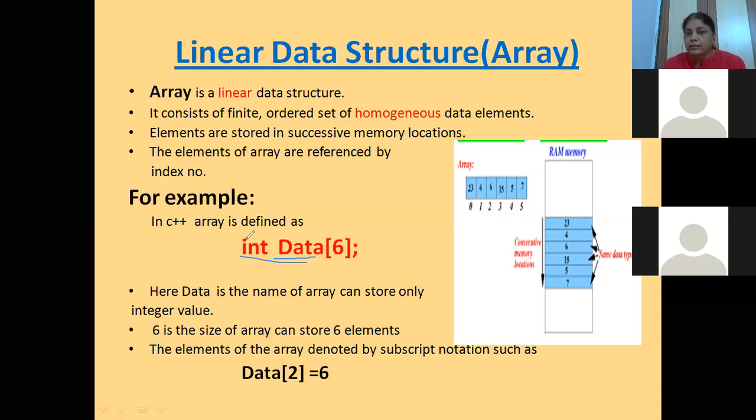So if it is integer, it means how many memory locations do I need? Instead of 6, I need double, 12, because each and every element will take 2 memory locations. I have taken a simple example where one element takes 1 memory location, but it purely depends upon the number of words or the size of your data type.